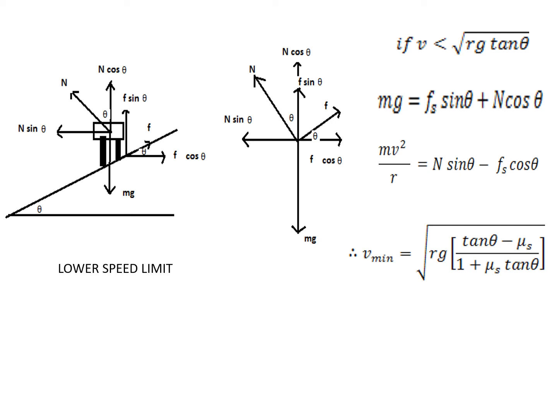So if you divide equation 2 by equation 1, we get the minimum speed with which the vehicle can be driven on a curved road that is banked with a certain angle theta equal to under root of Rg inside the bracket tan theta minus mu s divided by 1 plus mu s tan theta. This minimum speed with which the vehicle can be driven is also independent of the mass of the vehicle.